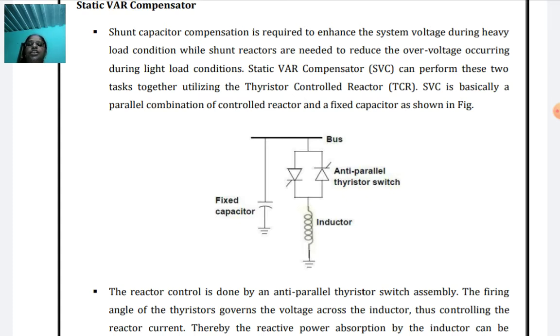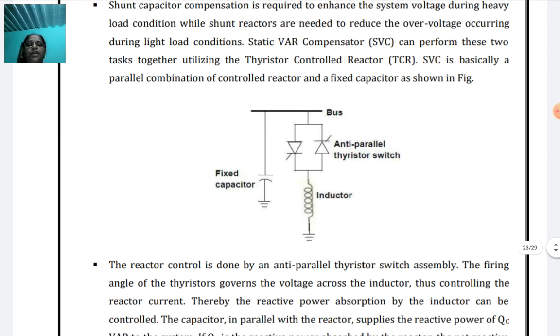Shunt capacitor compensation is required to enhance the system voltage during heavy load conditions, while shunt reactors are needed to reduce the over voltage occurring during light load conditions. The SVC can perform these two tasks together by utilizing a thyristor controlled reactor. The SVC is basically a parallel combination of a controlled reactor and a fixed capacitor, as shown in the figure.